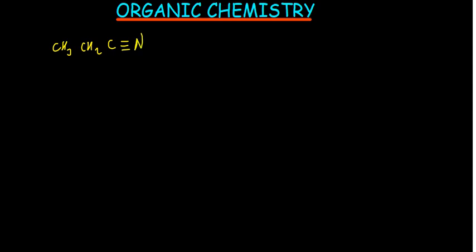To name this, just consider how many carbons are in the longest chain. 1 carbon, 2 carbons, 3 carbons. So we see that the carbon of the nitrile is also part of the naming of the chain. And so this is going to be propane, because we've got 3 carbons. And then just put nitrile at the end. So propane nitrile, that is going to be the name for this one.